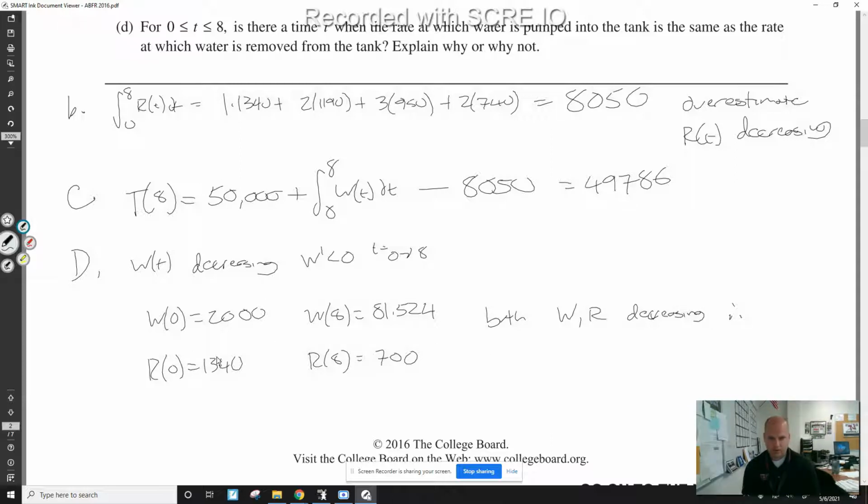Literally, if you just write these values and say they're both decreasing, and they're continuous, you could say there must be a time where W equals R. So the graph probably won't give you any points, but you could say this is W from 2000 to 81 versus this is R from 1340 to 700. They'll have to intersect somewhere.